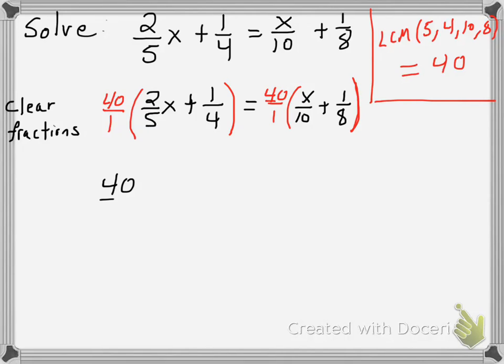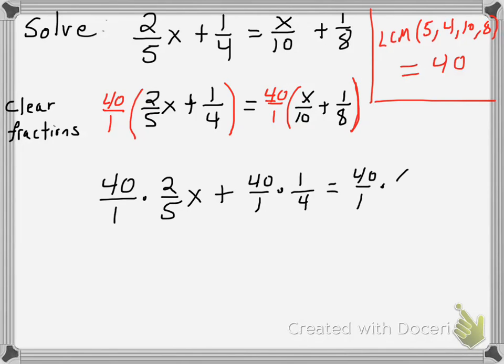Okay. And then we'll go ahead and distribute that 40 through on the left side, and then also on the right side. And then what we'll do is we'll start doing some cross-canceling. 5 goes into 5 once, into 40 8 times.